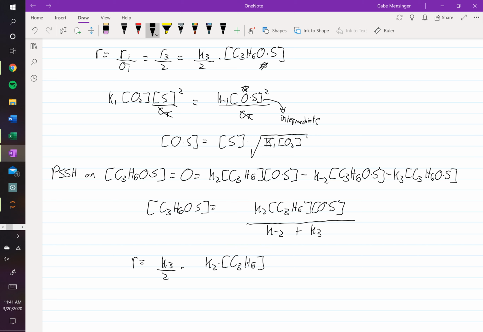And then I'm going to plug in the expression for O.S, which was S times the square root of K1 O2 over K minus 2 plus K3. Oh, over 2, don't want to forget that. Oh no, I had the 2, sorry.